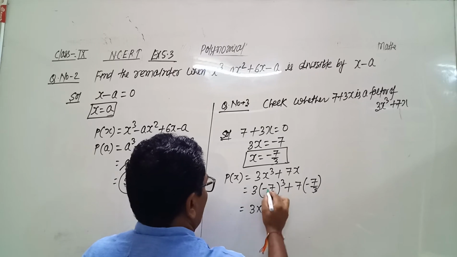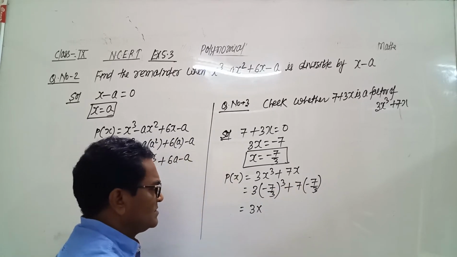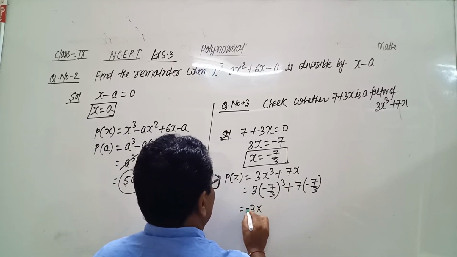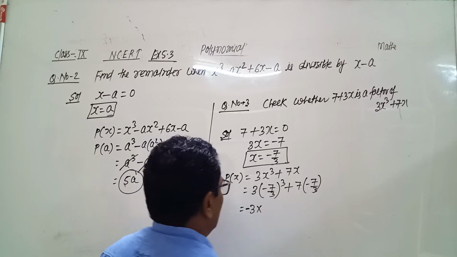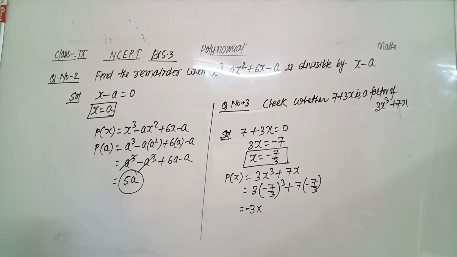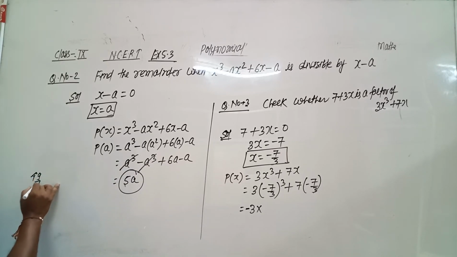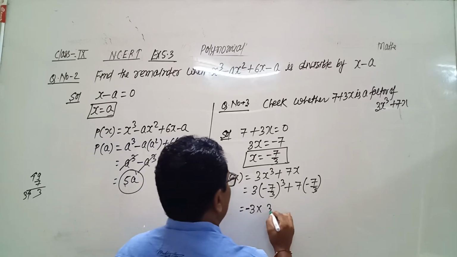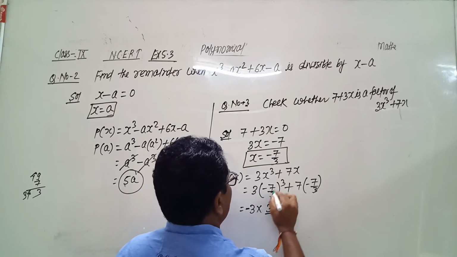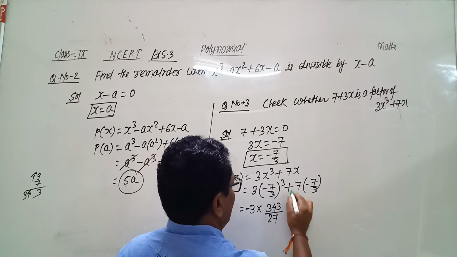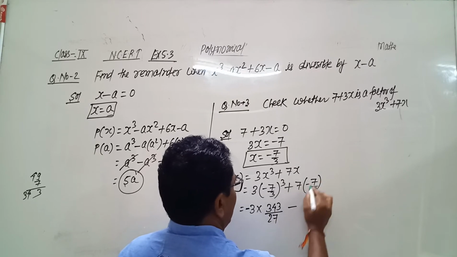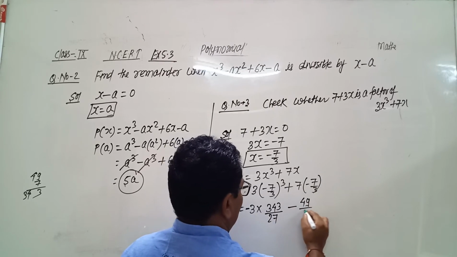So 3 into minus 7 raised to the power 3. 7 into 7 is 49, and 49 into 7 is 343. So 343 and 3 raised to the power 3 is 27, and minus 49 by 3.